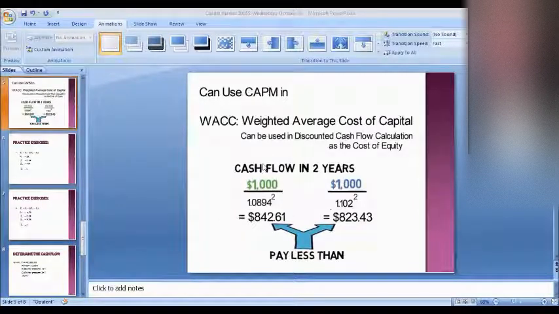So we are using this to estimate. Rather than buying it after 2 years at 1,000 each, might as well buy it now for a lesser amount. So this is the use of computing CAPM, the Capital Asset Pricing Model.